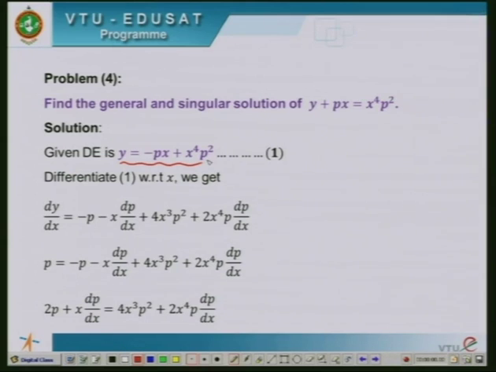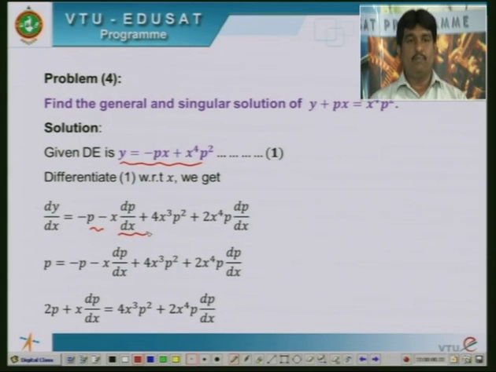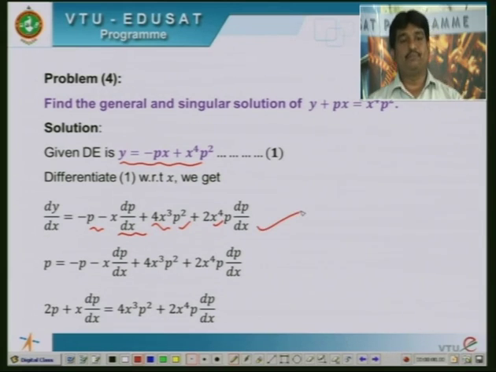I will differentiate this equation with respect to x to get dy by dx equals, by product rule, minus p into derivative of x, which is 1, minus x into derivative of p with respect to x, which is dp by dx, plus derivative of the next term, which is x to the power of 4 into p square: 4x cube, derivative of the first function treating the second function as constant, plus x to the power of 4 as it is, derivative of p square is 2p into dp by dx.